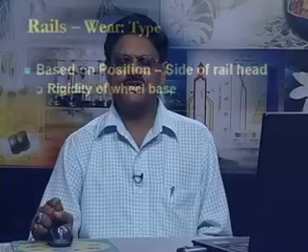When there is a differential movement of the trailing and leading axles, it transforms into the striking of the wheel flange on the inner side of the outer rail as well as on the inner side of the inner rail, at the leading section or at the trailing section respectively. Due to this reason, there is going to be wear on the side of the rail head. So, this is one of the reasons.